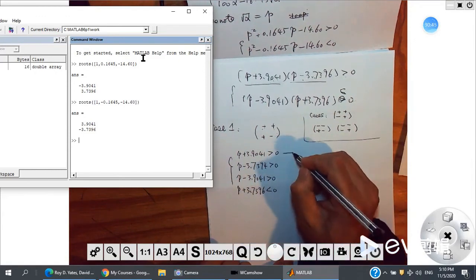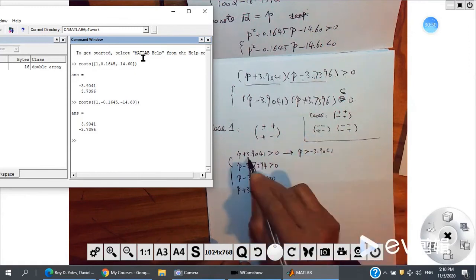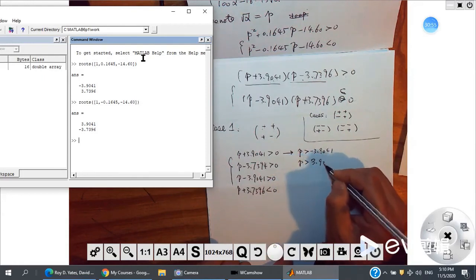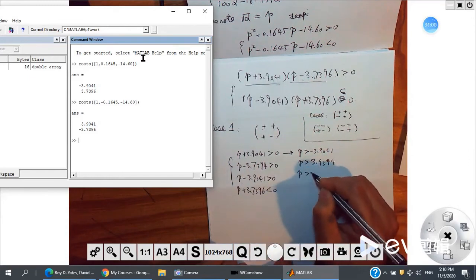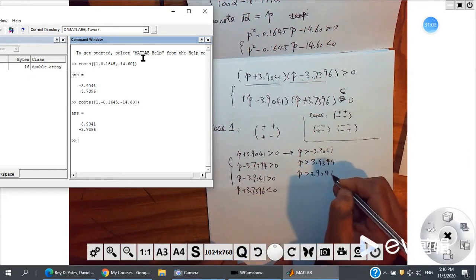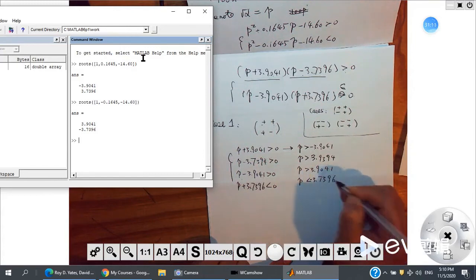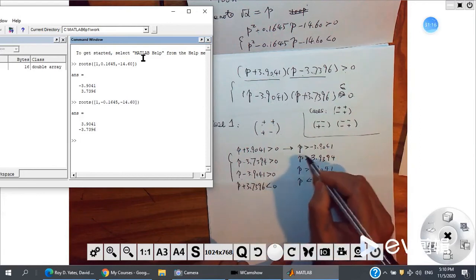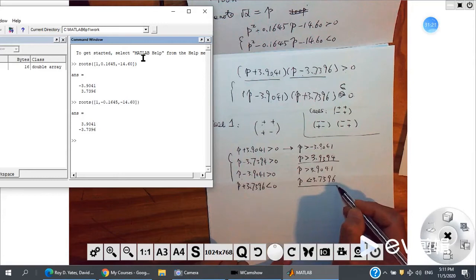So this one gives us P larger than negative 3.9041, this one gives P larger than positive 3.7396, this one gives P larger than positive 3.9041, and finally P smaller than negative 3.7396. This is impossible. P should be larger than the positive value as well as smaller than the negative value. Impossible.